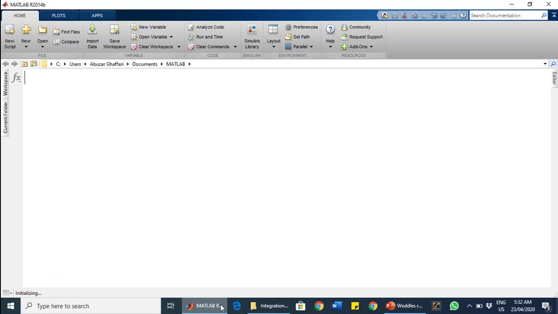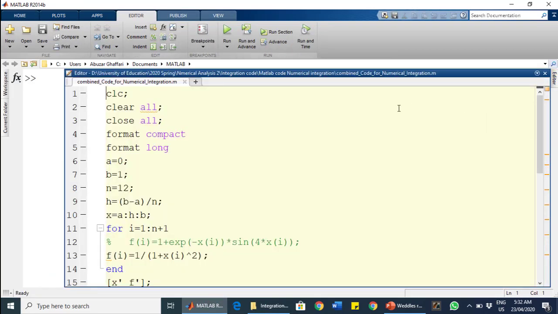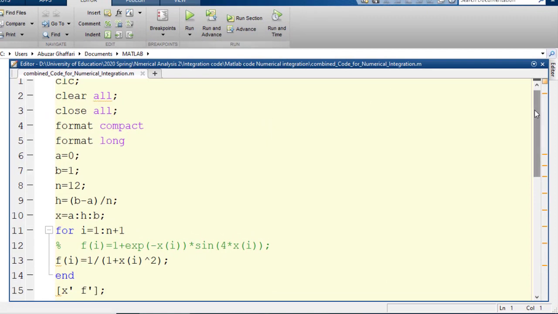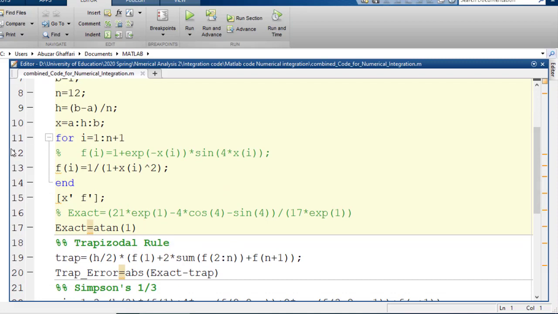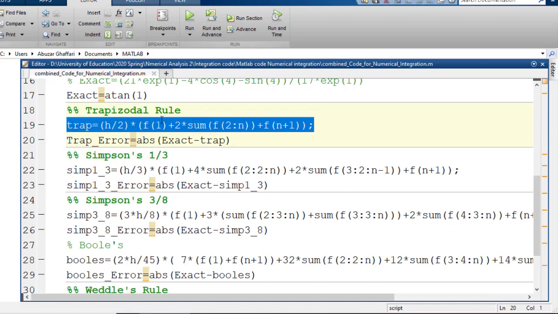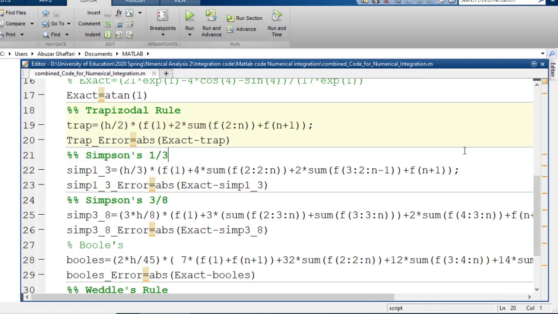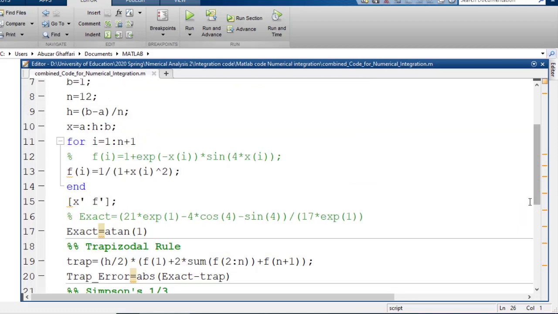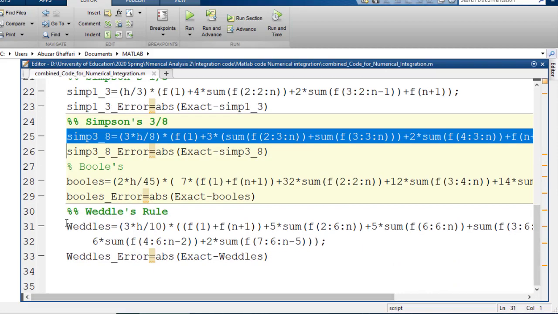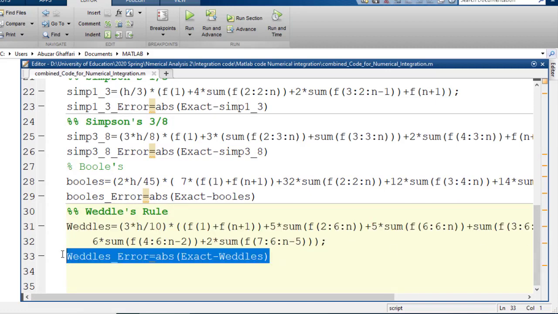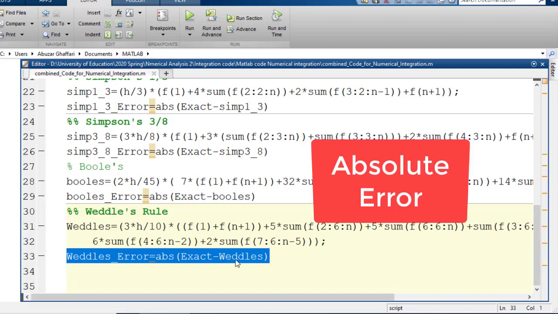So this is the MATLAB program for the numerical integration, and here at the end you can see the formula of the trapezoidal rule, the formula of Simpson 1/3 rule, the formula for Simpson 3/8 rule, and similarly for Boole's rule, and at the end here is the formula for Weddle's rule. In the second line I wrote an expression for the error between the exact and Weddle's rule.